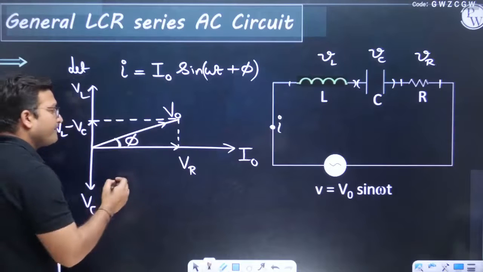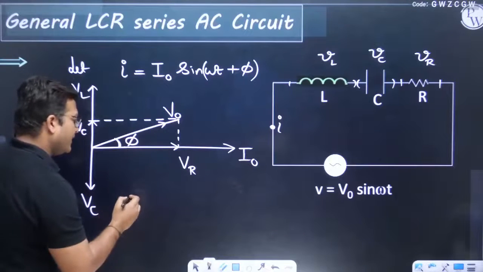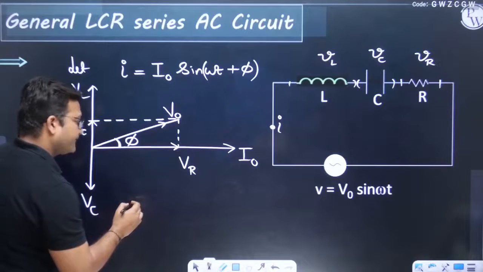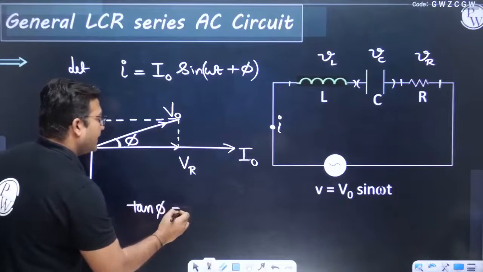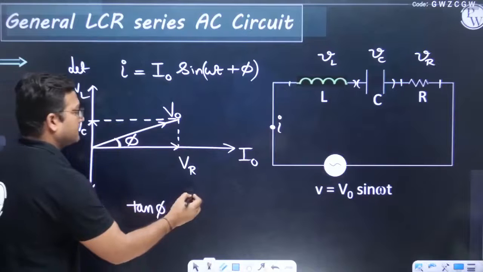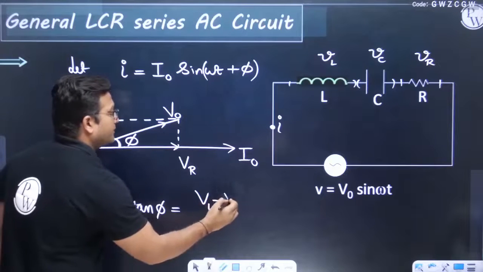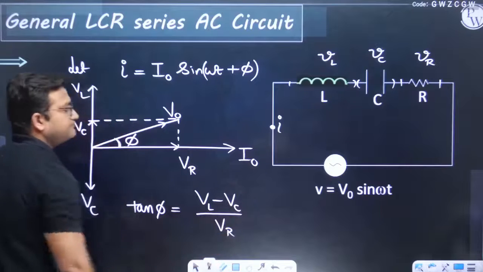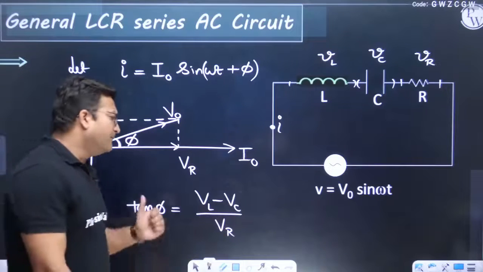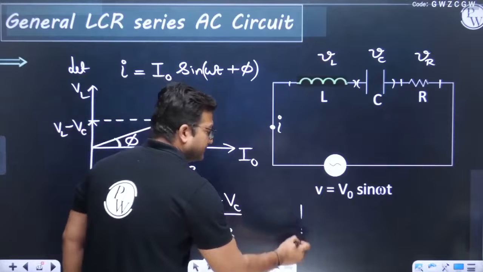If we want to calculate this phi, let us write tan phi, and tan phi would be VL minus VC divided by VR. I think you remember, let me write it here.